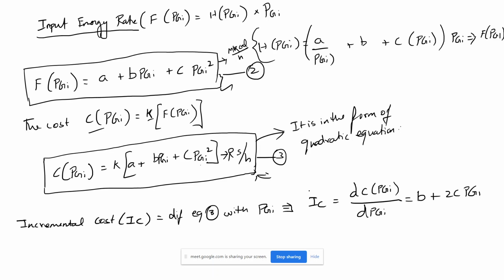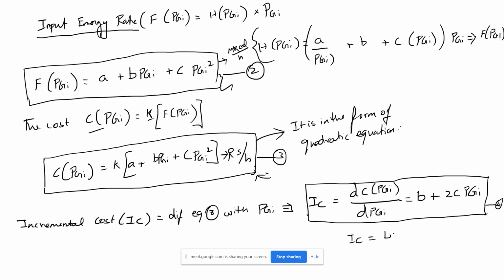So this is equation number 4, called incremental cost. Using this incremental cost also, I can find out the cost of different generators. In short, IC is nothing but b plus 2c PGI.